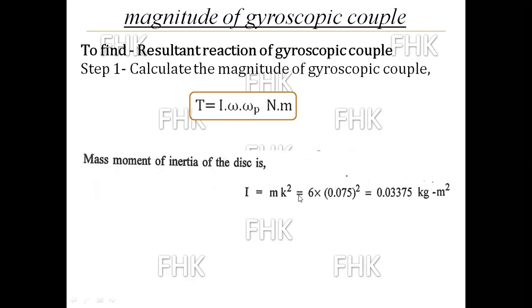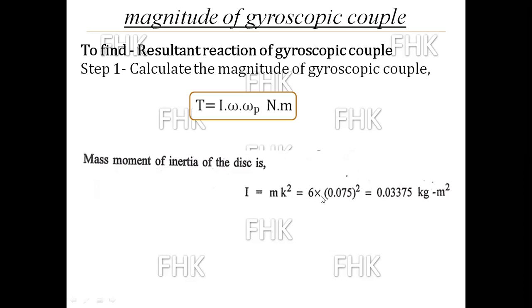Mass of the rotating disc is 6 kg into radius of gyration 75 mm, which I convert into meter by dividing by 1000, so k is 0.075 meter.